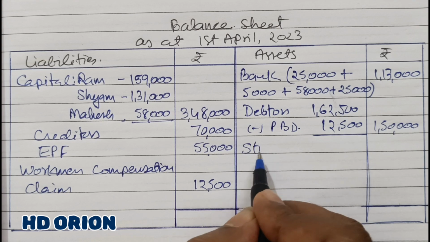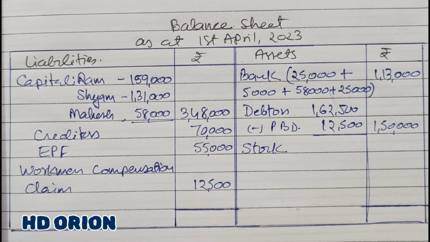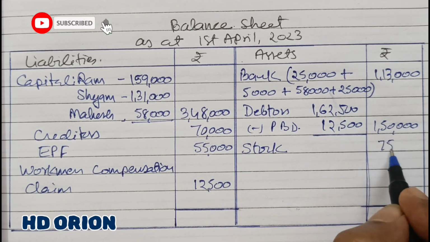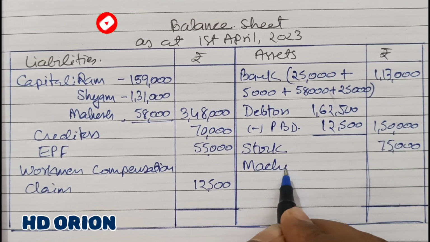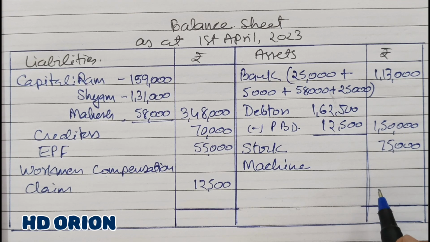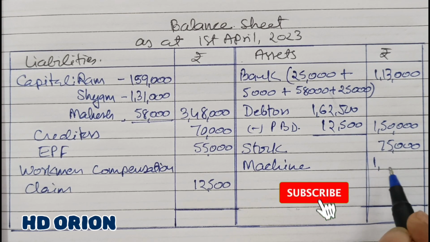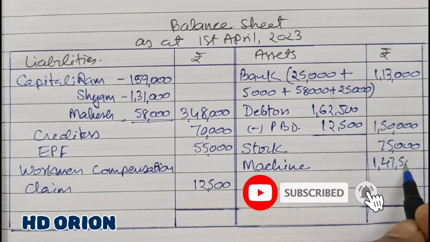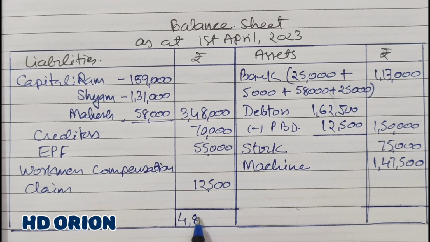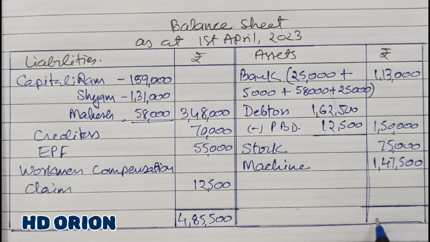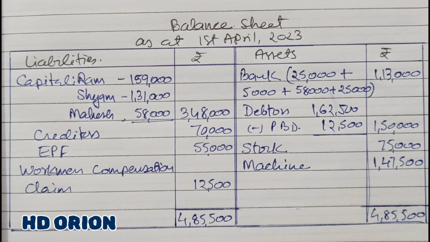Then stock was overvalued, and now the real value of stock is rupees 75,000. Then machine was undervalued, so it was 1,42,500 plus 5,000, it is 1,47,500. Add all these things, you will get rupees 4,85,500 as grand total. So this is how the question is to be understood and solved.